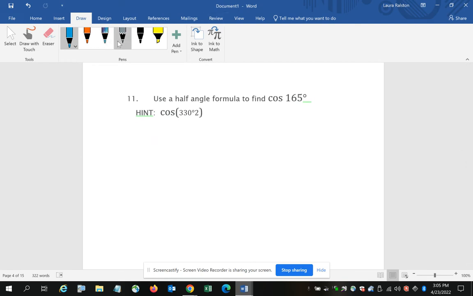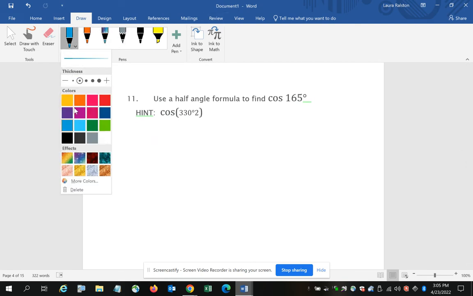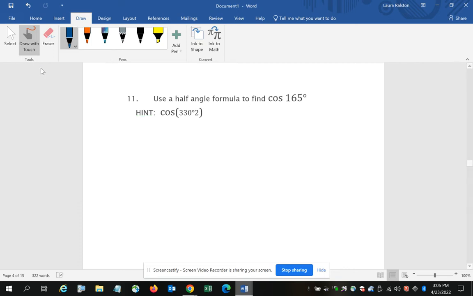Okay, number 11 alludes to the half angle formula. It tells you you're going to use a half angle formula. We're doing cosine, and it tells us here, there's a little typo there, guys, that 165 degrees is 330 degrees divided by 2. Now that's important because I need an angle that's on the unit circle.